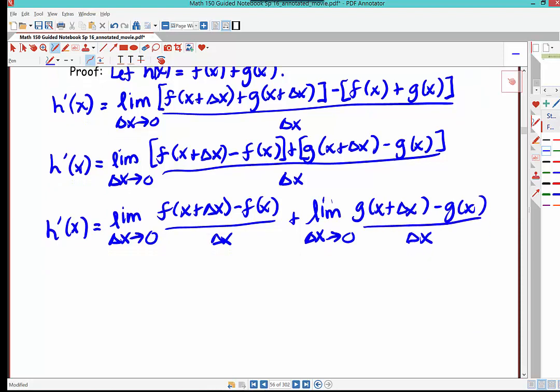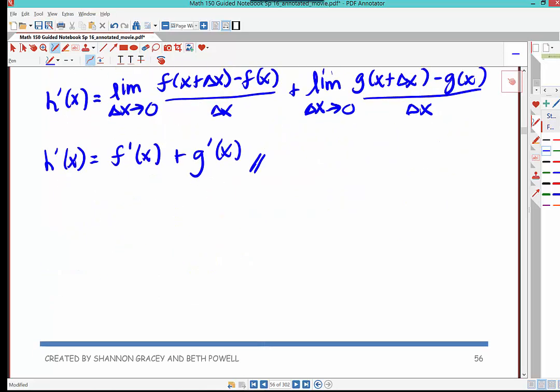But what are those two limits? Good. That's just f prime of x plus g prime of x. And so we're all done. What do you think? Awesome, right?